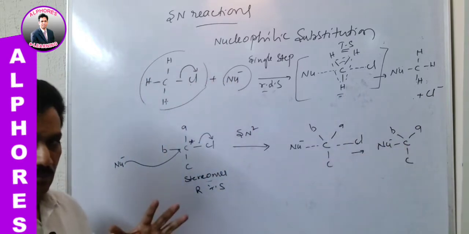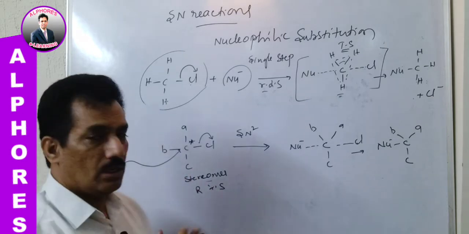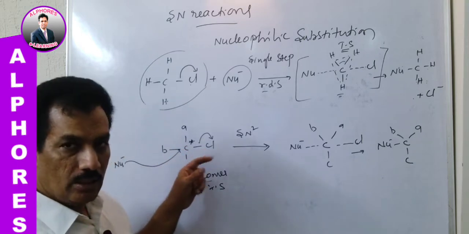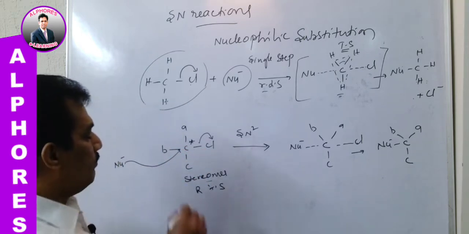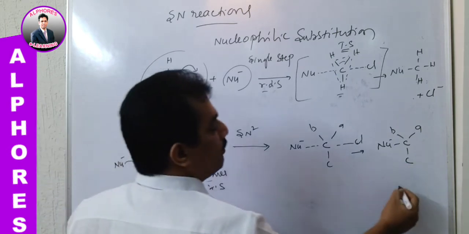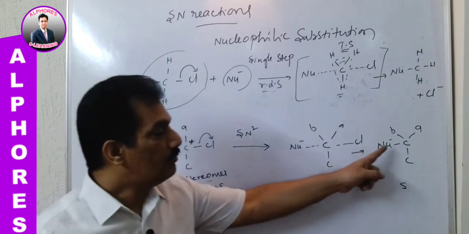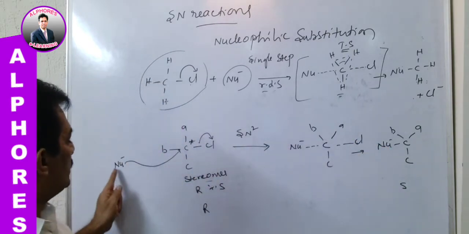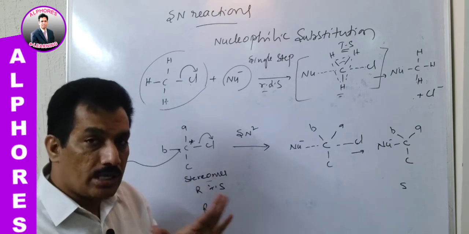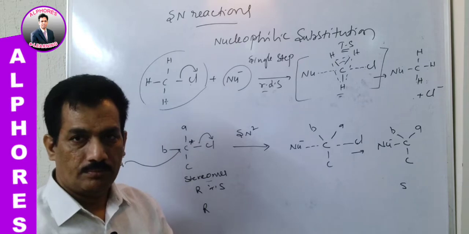Generally, but not always, observe the statement: in general, when the nucleophile is attacking from the backside, if this configuration is R, the other configuration will be S, provided the incoming nucleophile and the outgoing nucleophile have the same priority number.